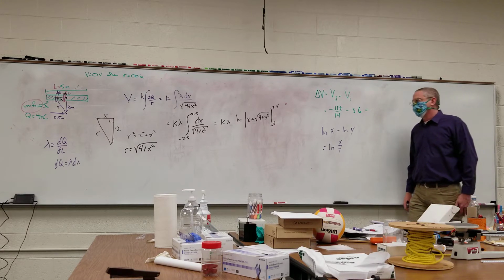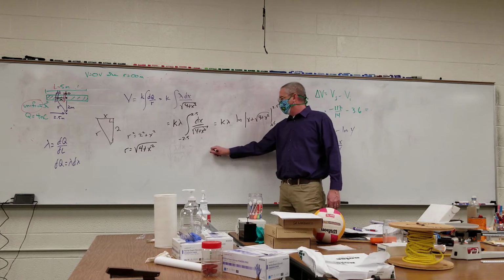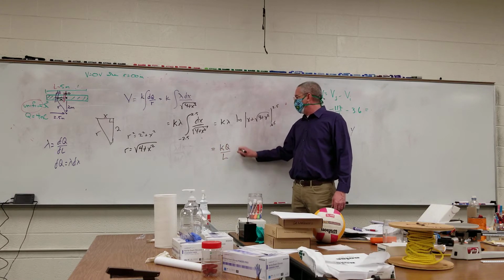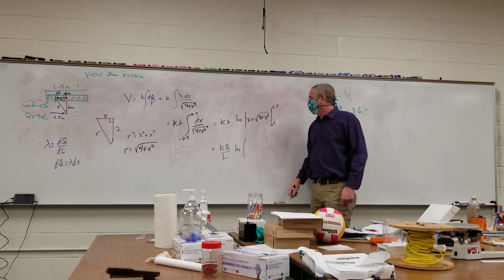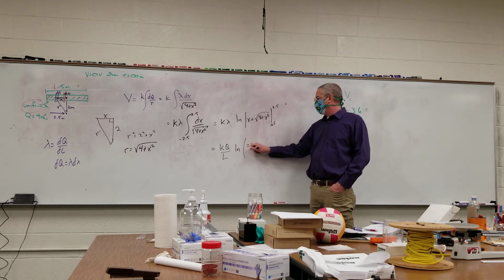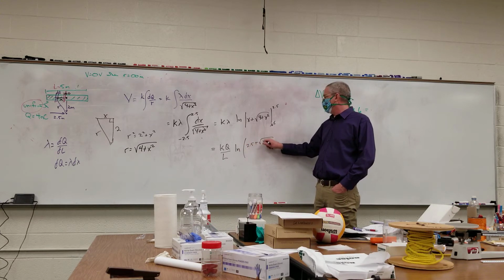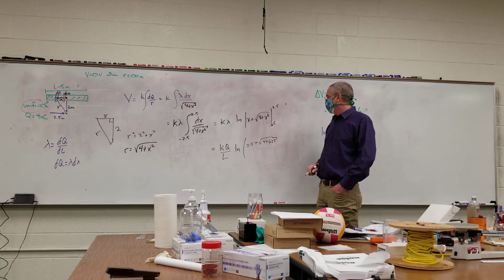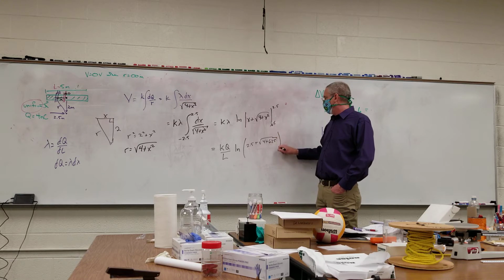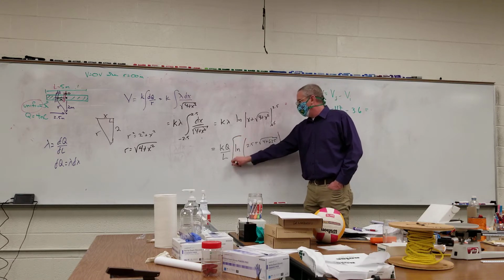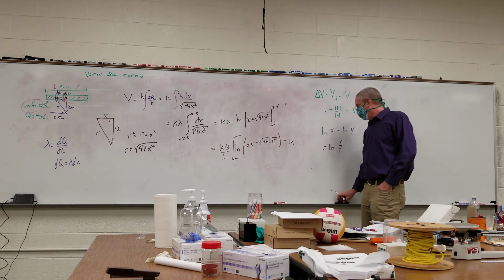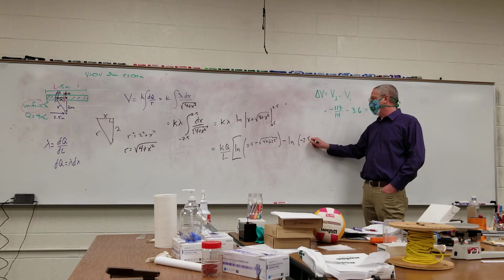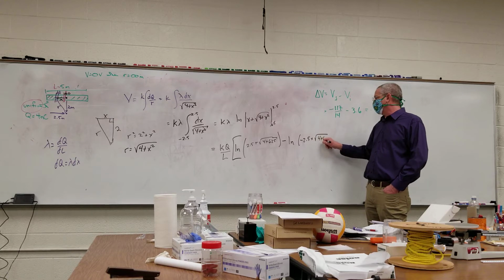Which is kq over big L times the natural log of 2.5 plus the square root of 4 plus 6.25, minus the natural log of negative 2.5 plus the square root of 4 plus 6.25.